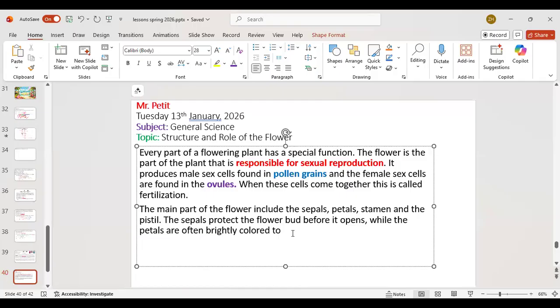So the sepals protect the flower bud. The petals are there to attract, often brightly colored to attract insects and birds for pollination.